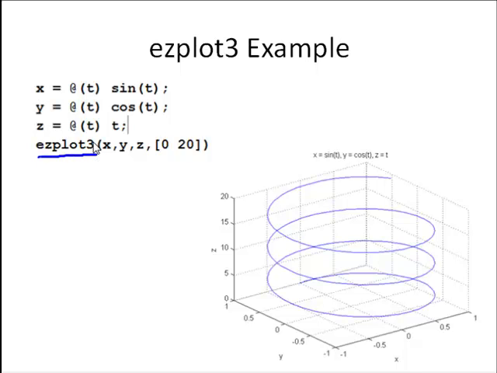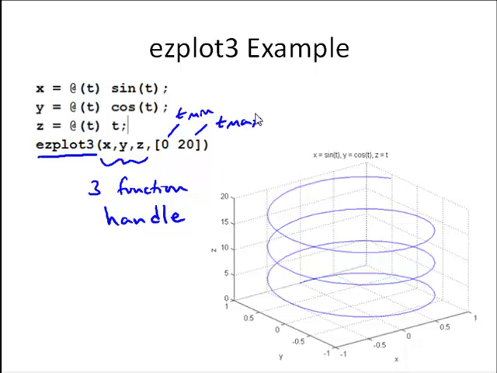And again, we enter the 3 function handles, and those 3 function handles are passed to the EZPlot3 function so that it can evaluate these functions for values of t from 0 to 20. So that's, again, tmin and tmax. And that gives us this helix.